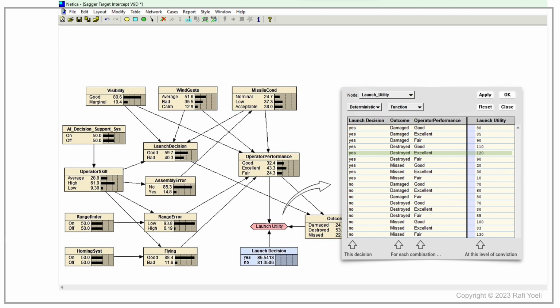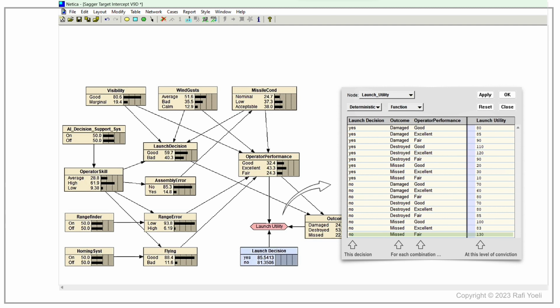So we would definitely recommend to launch. And we would do so with a high level of conviction, rating it arbitrarily at a value of 120, as shown on the right. If on the other hand we look at the combination on the last line where this will be likely a miss and the operator's performance level is only fair, we would definitely not recommend to launch, and with an even higher level of conviction than in the previous case.